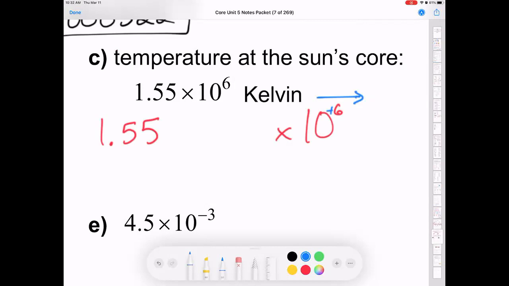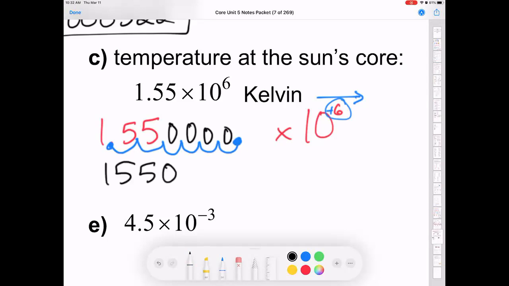So I'm going to take my decimal place, move it 1, 2, 3, 4, 5, 6 places, because that's my number up here. And then we just dump in our zeros. So it looks like our value comes out to be 1,550,000. And then we throw in those commas where they belong. So 1 right there and 1 right there. And that would be our solution.